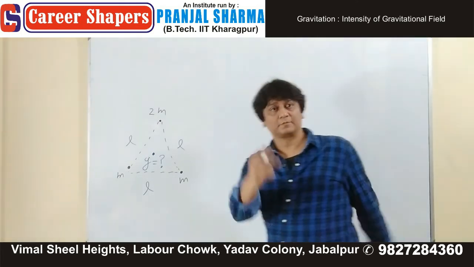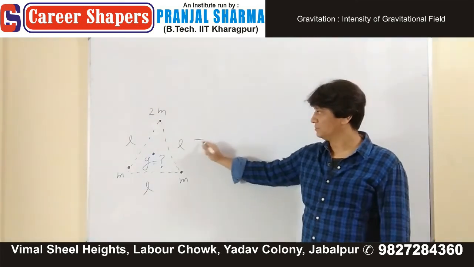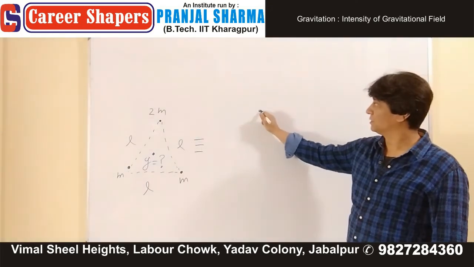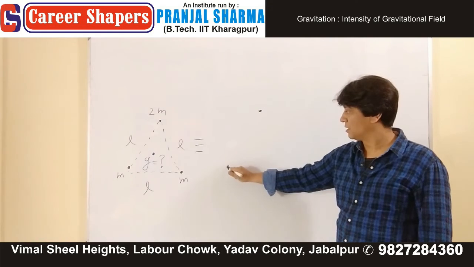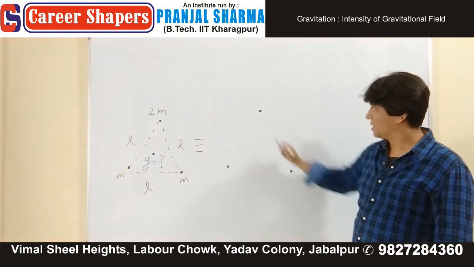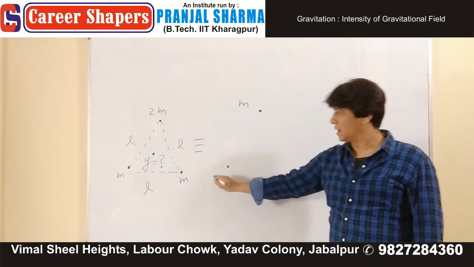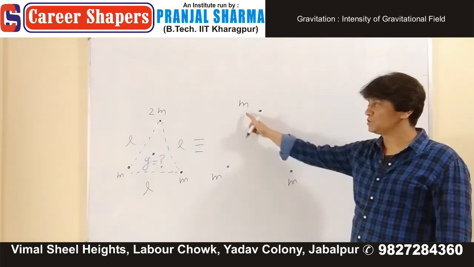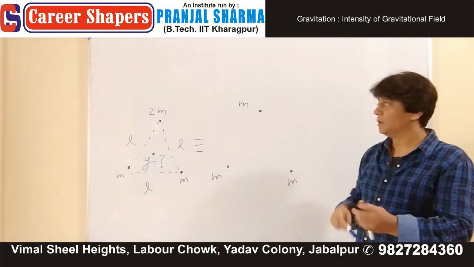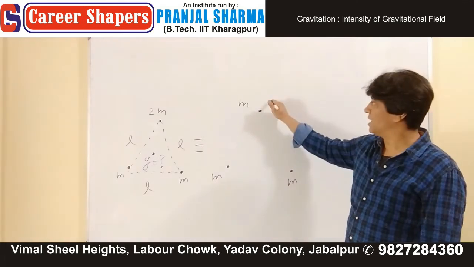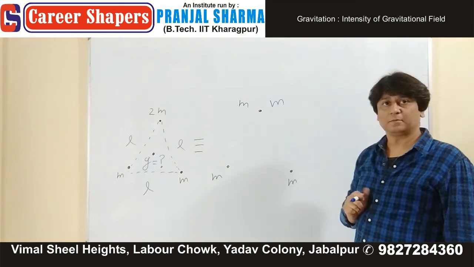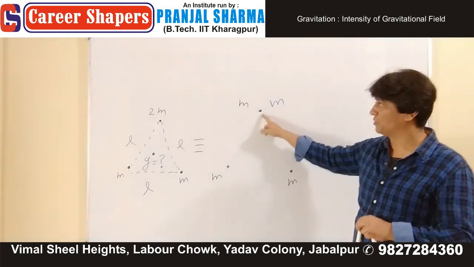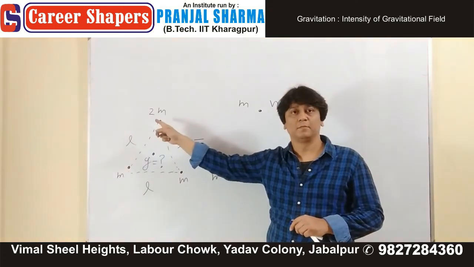So, this whole setup is what? The whole setup is equivalent to this. M, M, M. This is not M, this is 2M. So let's place another M. M and M both are occupying this position, that gives you 2M.